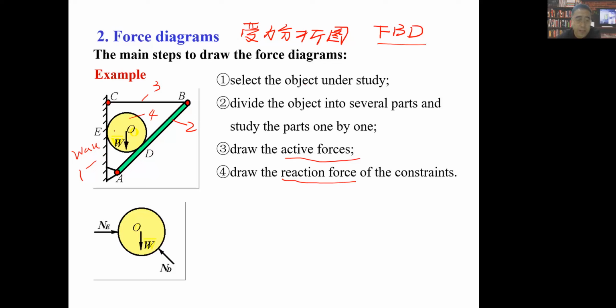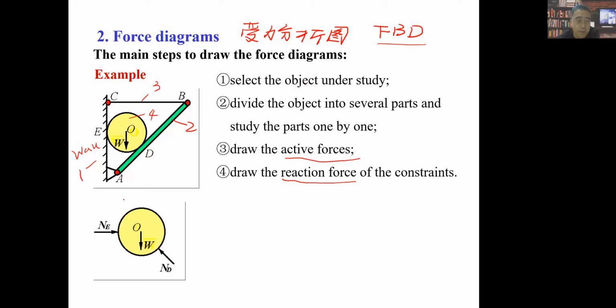So you will find there is a frictionless contact here, or smooth contact, and another smooth contact here, right? So we only need to draw these two reaction forces here.